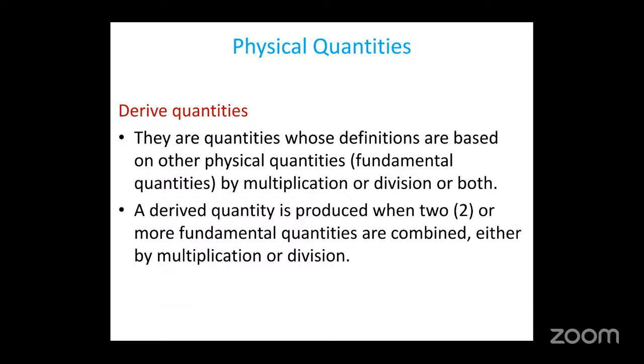Momentum is mass times velocity, we are multiplying two quantities to give momentum. Work is force times displacement. We are multiplying two quantities to get work done, which is a derived quantity.